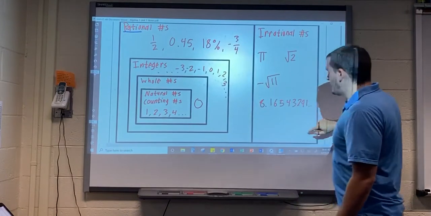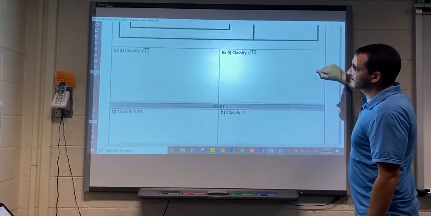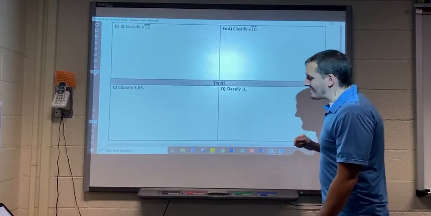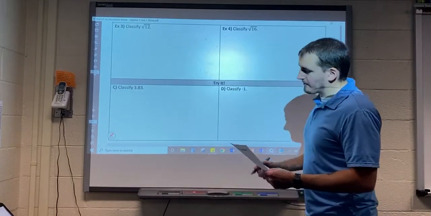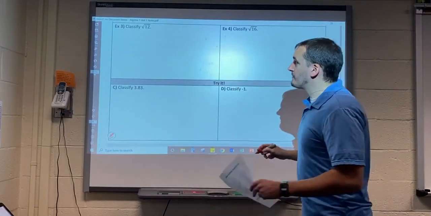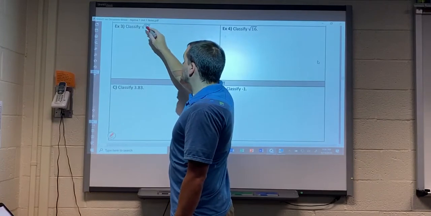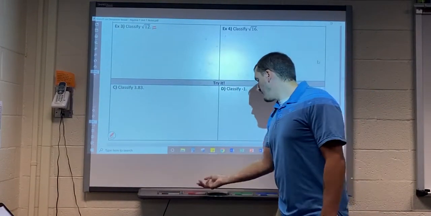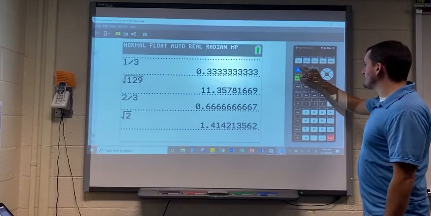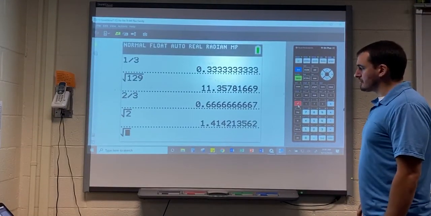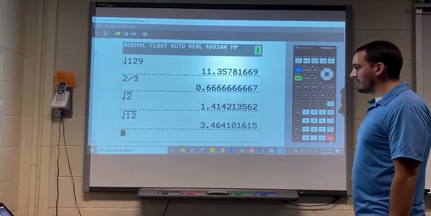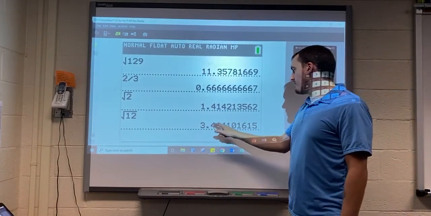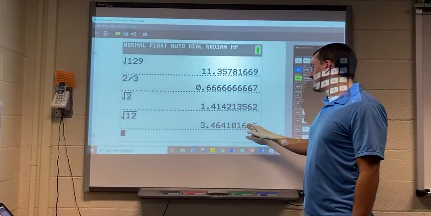So, you may get questions on the Keystone asking you to classify different types of numbers. Okay? So for example 3, we have classify the square root of 12. In my calculator, I am going to type second square root of 12. We get 3.464101615.